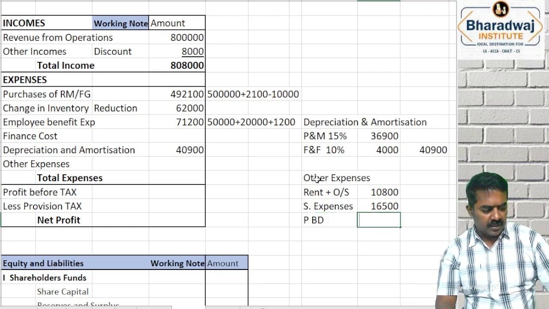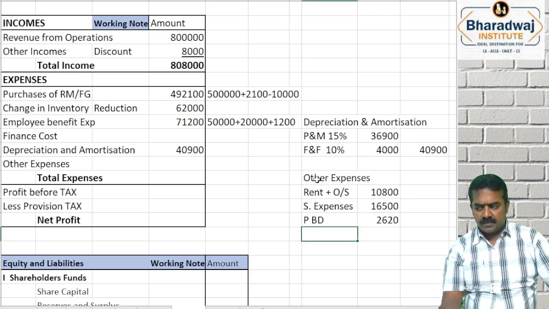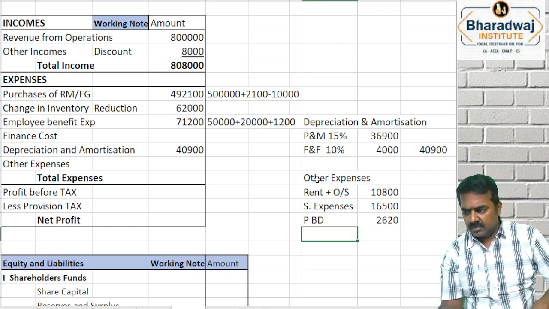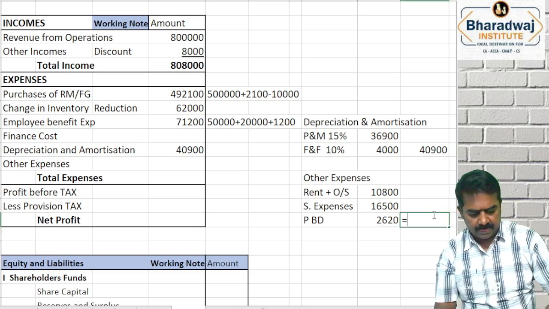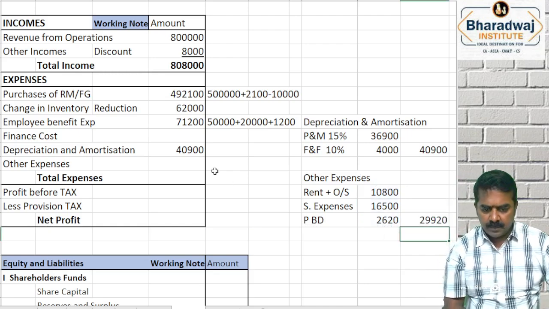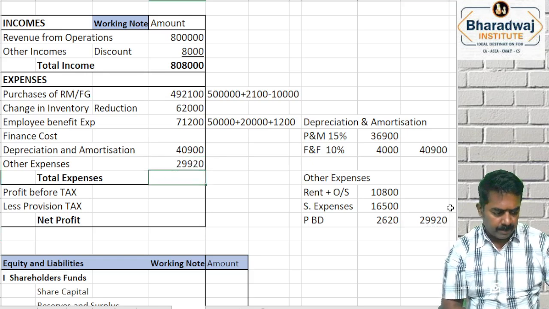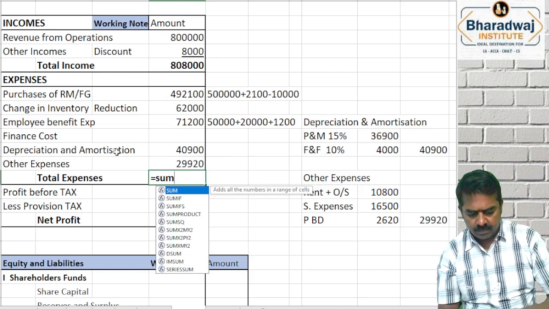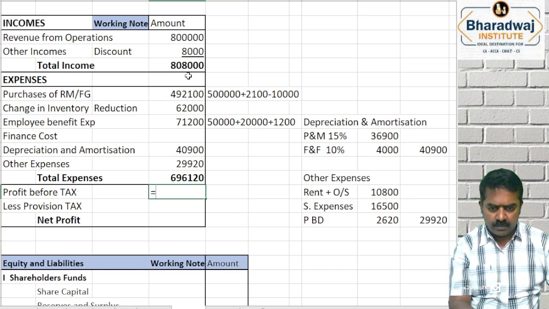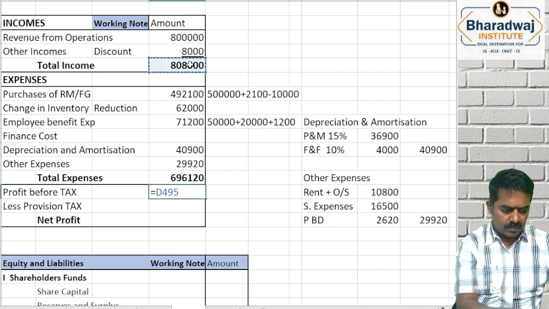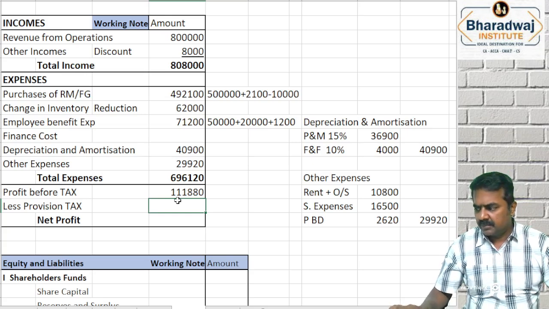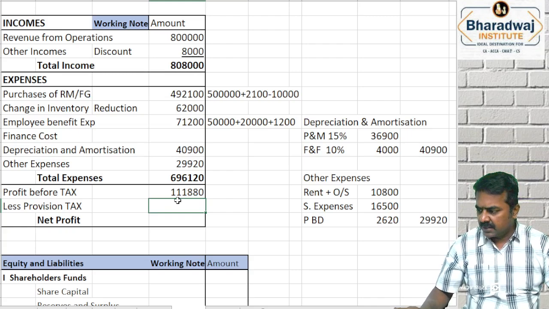Only the new provision, not the old provision. 2,920. Provision for tax to be made at the rate of 30%. 30%.